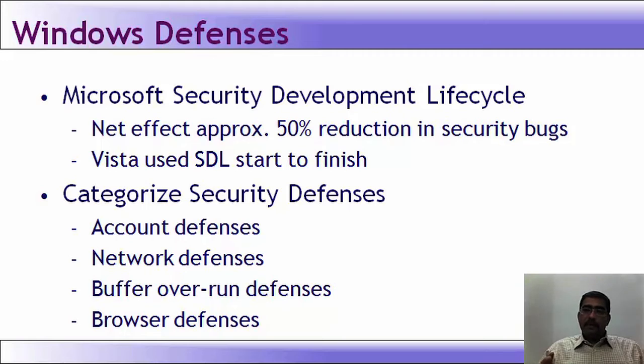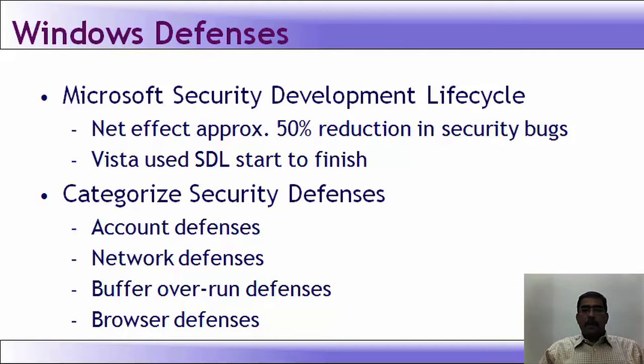Has it happened? It is a very debatable question, but the Microsoft security development lifecycle has had a net effect of approximately 50% reduction in security bugs, and Vista onwards it used the security development lifecycle from start to finish.